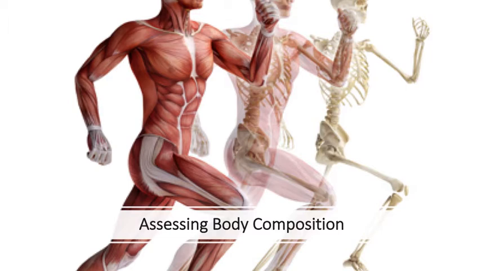Now, everyone has a different ideal body composition for performance to make the person more resilient to injuries and sickness. So these are all important factors that need to be considered and asked when doing your needs analysis.